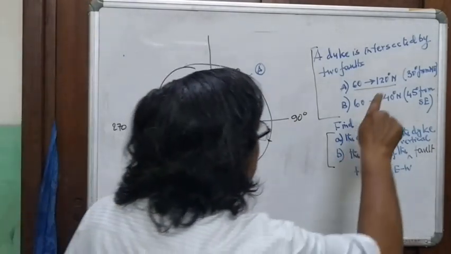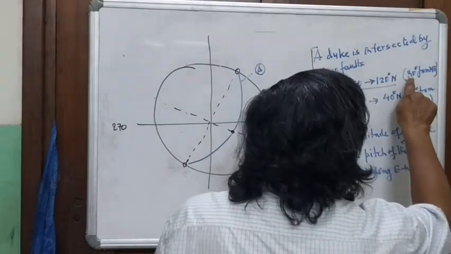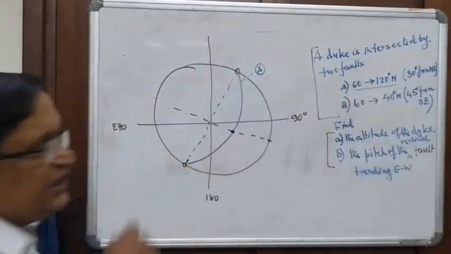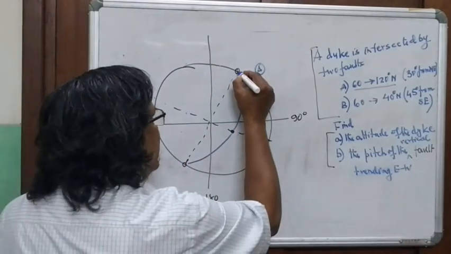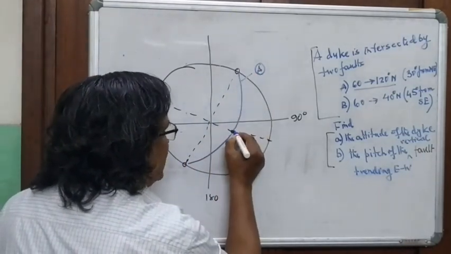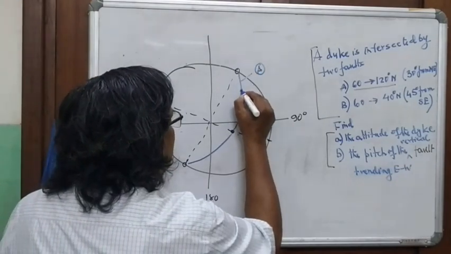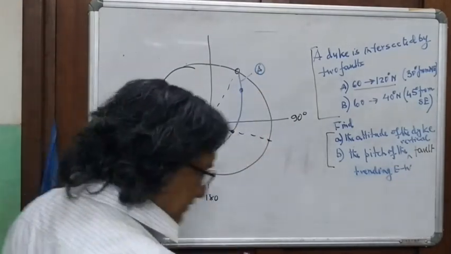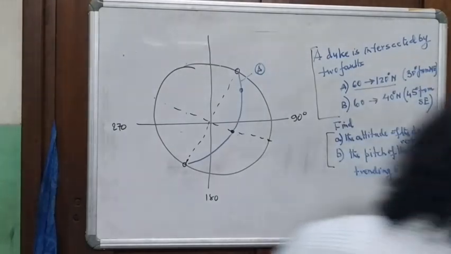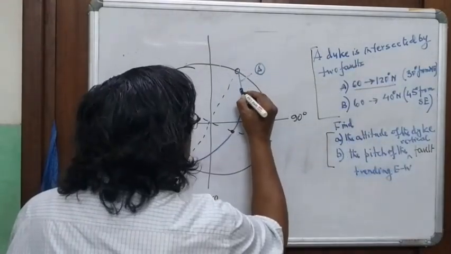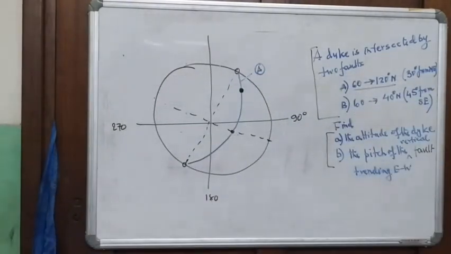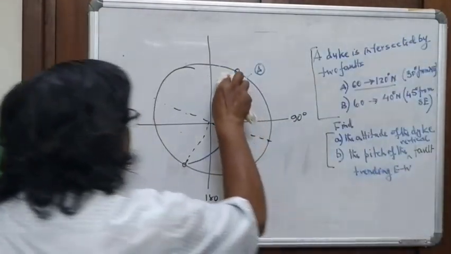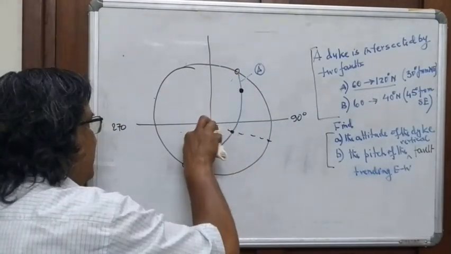And what it says, the pitch of the dike is 30 degree from the northeast. This is on the horizontal, 0 degree. This is 90 degree. So 30 degree will be somewhere here. So I will draw this point as the pitch of the dike on plane A. I will erase the rest because it creates confusion.